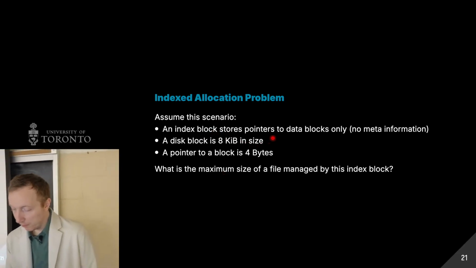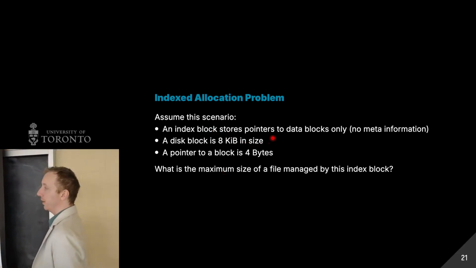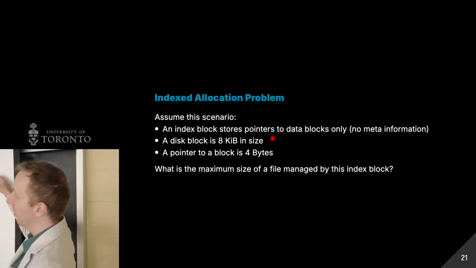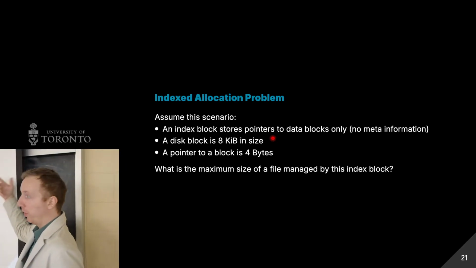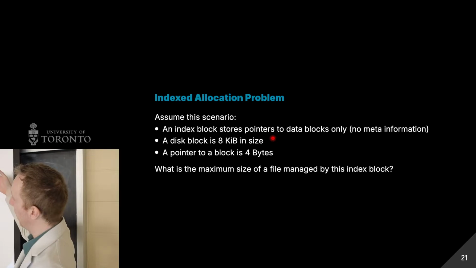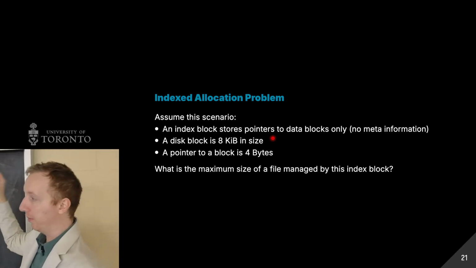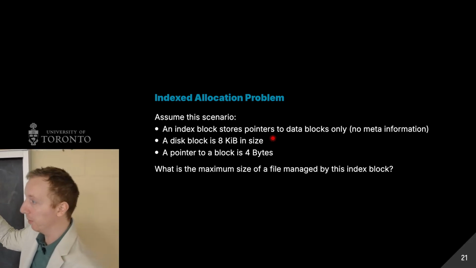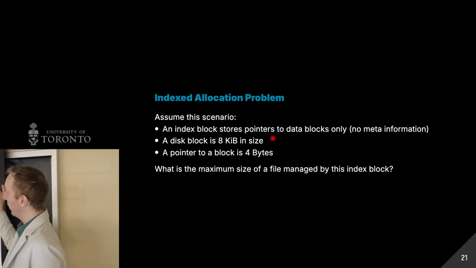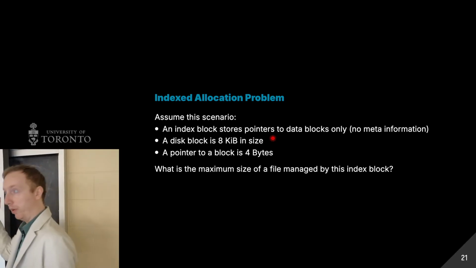So first I have to figure out how many pointers I could fit on a block. 8 kilobytes is 2 to the 13 divided by 4 bytes, which is 2 to the 2, so that's 2 to the 11. So I can fit 2 to the 11 pointers on a block. And each block size is 2 to the 13.